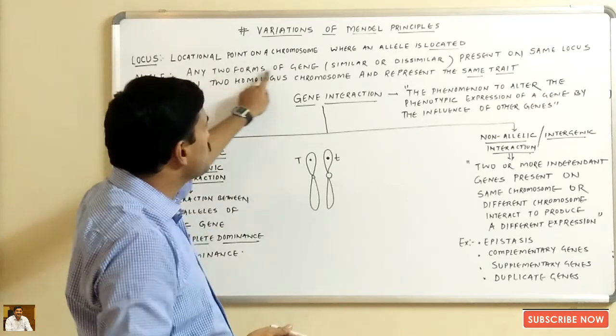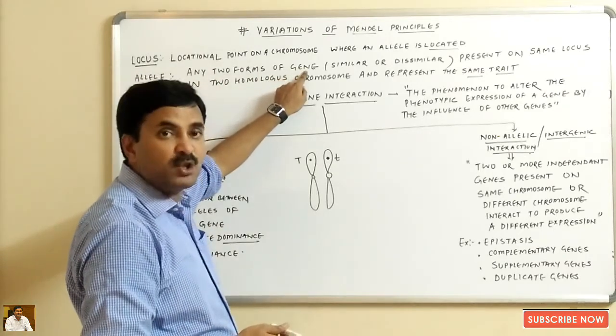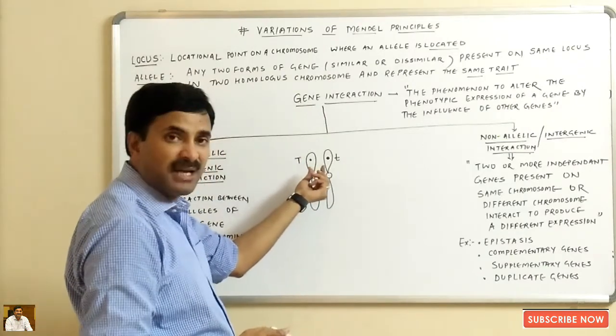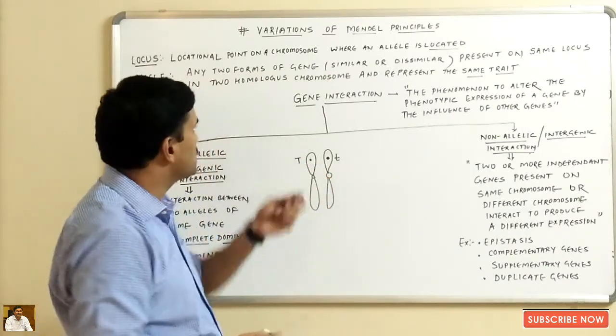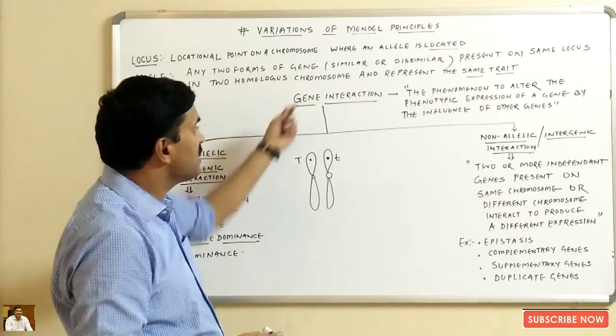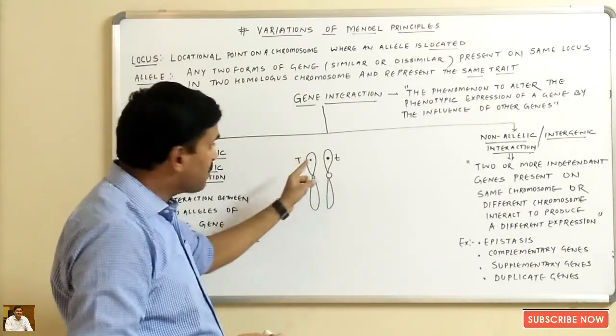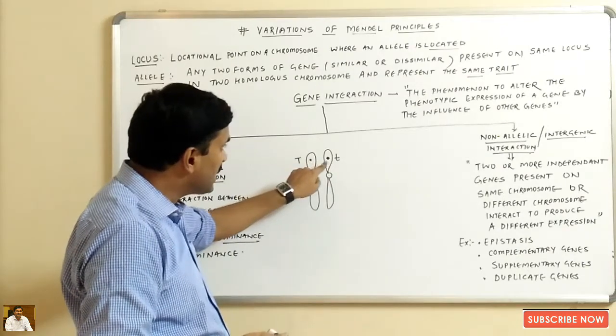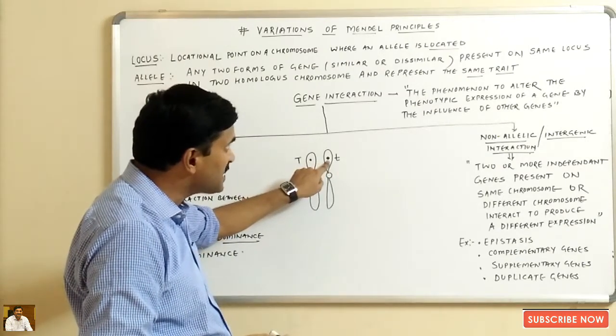So any two forms of the gene, which may be similar or dissimilar. Here I have written dissimilar, but they may be similar also. Present on the same locus, you can see that if capital T is present here, then on the other homologous chromosome small t is present here.